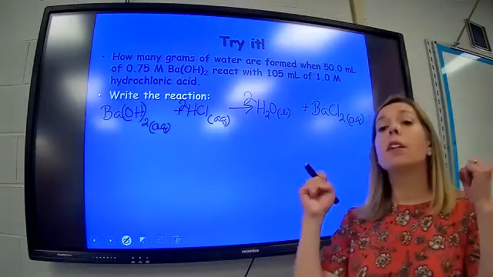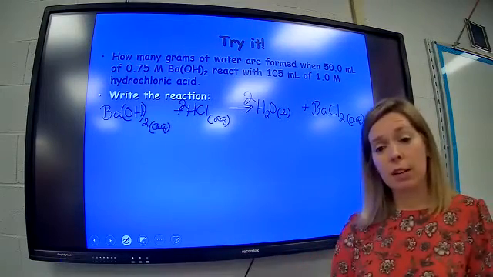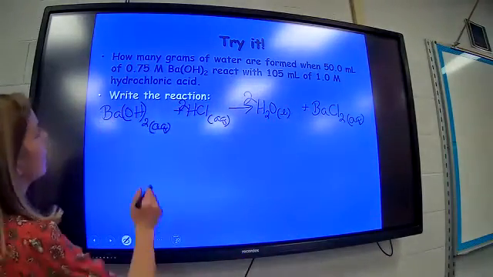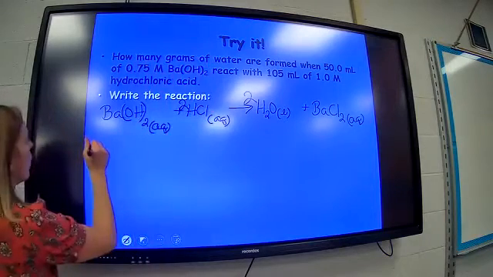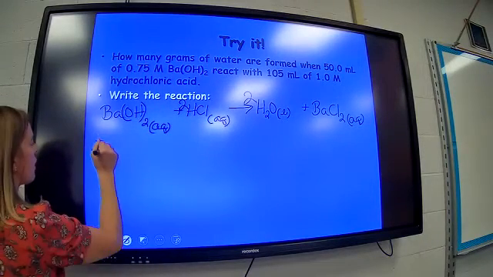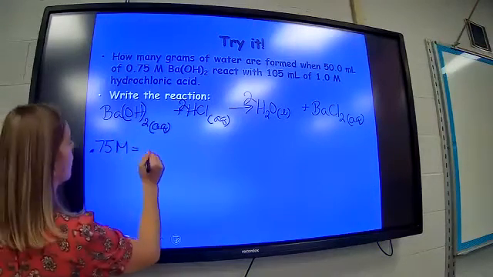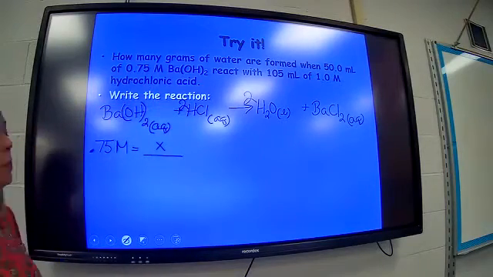Next step, turn everything that we were given into moles so that we can find our limiting reactant. So we will take the barium hydroxide and turn that into moles. We have 0.75 molar. We have to find moles. My volume is 50 milliliters.